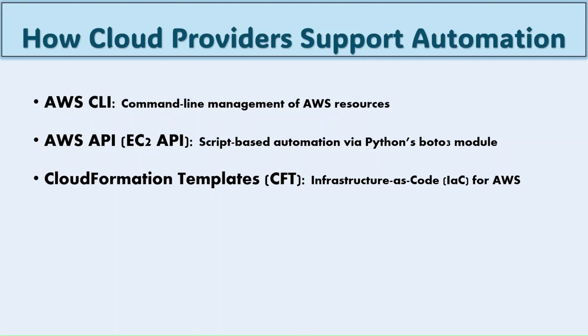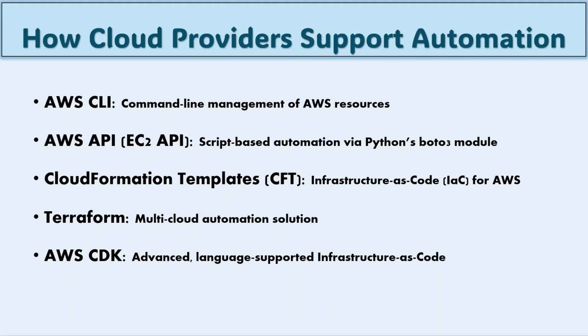And the next tool is AWS CloudFormation Template. Basically, these CFTs are YAML or JSON files that define AWS infrastructure as code. And the next tool is Terraform. Terraform is an open source multi-cloud tool that allows you to define and provision infrastructure across various cloud providers like AWS, Azure, and Google Cloud Platform.